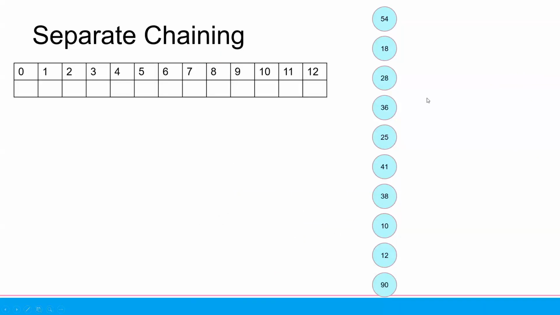Let's suppose I have all these values, okay? And then I want to put all these values into this, I call this an array, and then I want to use the hash table.